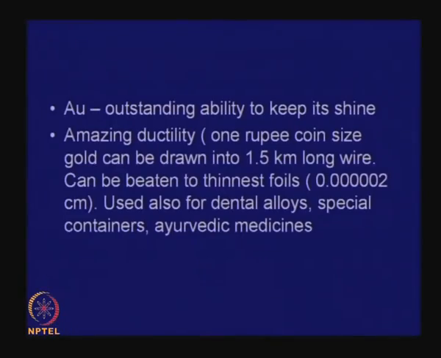As regards its properties, it has an amazing ductility, and a 1 rupee coin can actually be drawn into a 1.5 kilometer long wire, and because it has ductility, it can be beaten into the thinnest foils, 0.0000002 centimeter thick.